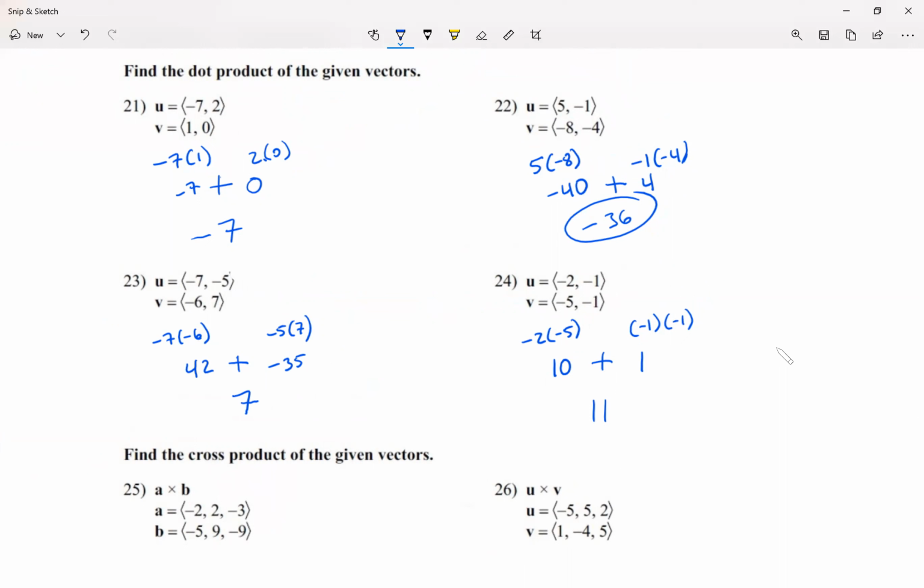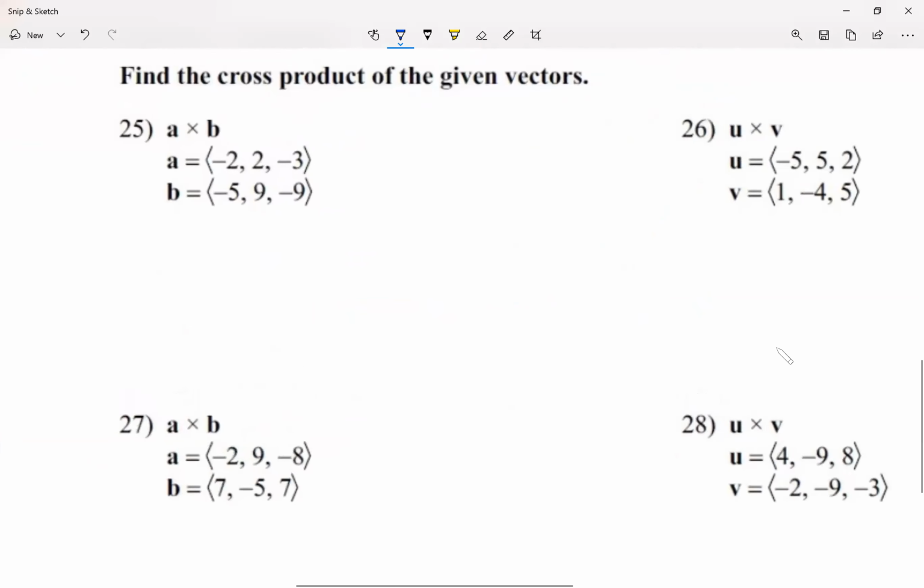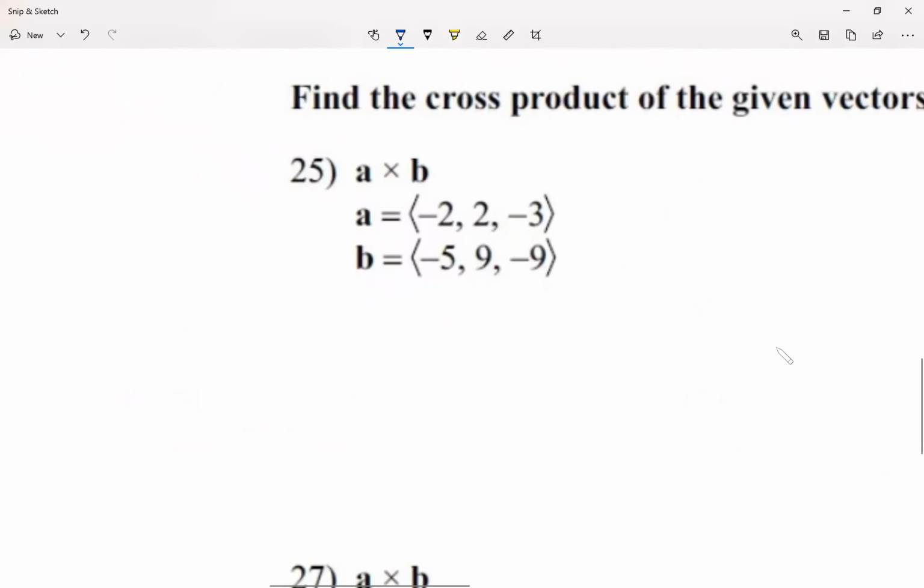Now, the cross product. We've got to be careful: dot product and cross product. The cross product is going to take us a little bit more work. I don't call the values on the vectors the X and Y values. I call them the first and the second values because some vectors might have 3 values.